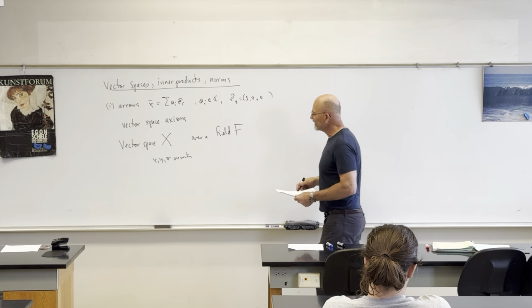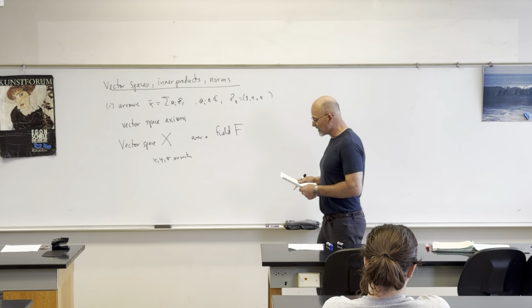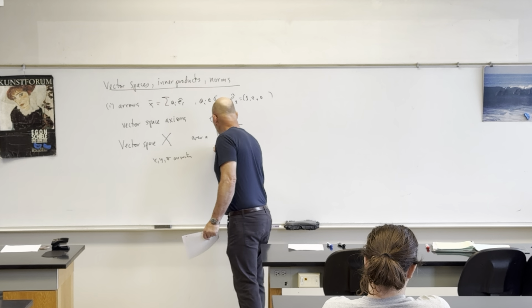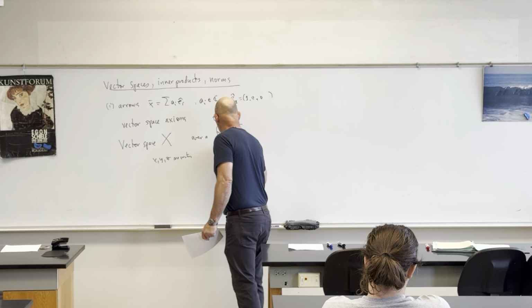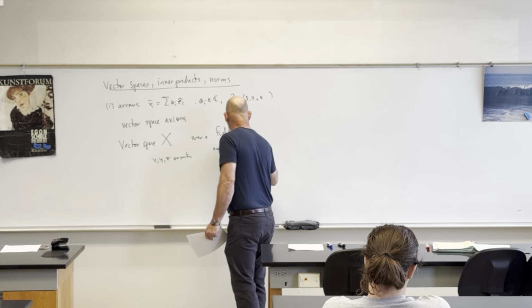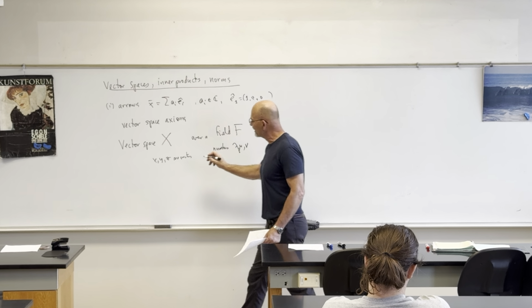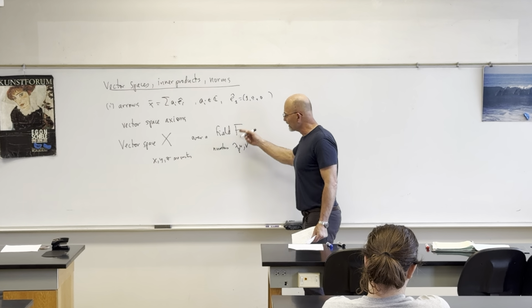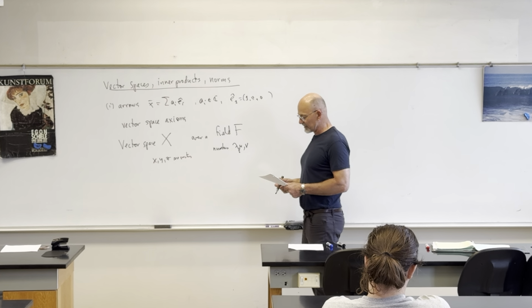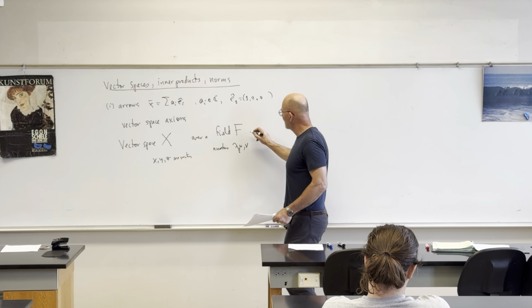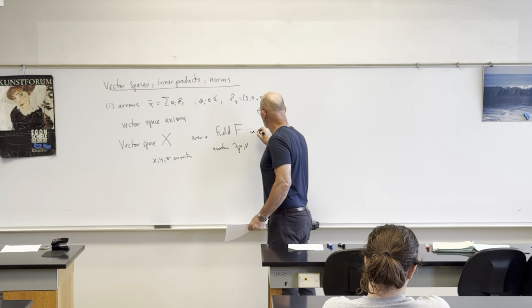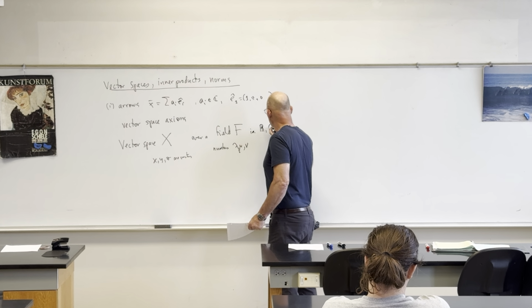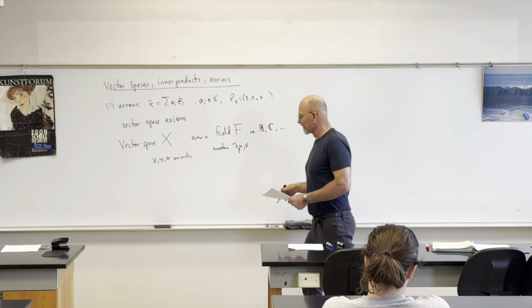And a field is the set of scalar quantities, the numbers. So I'll just say numbers, lambda, mu, etc. So we've got the vectors, and then we have the Greek letters for the scalars there. And this would be the real numbers or the complex numbers. Okay, field.